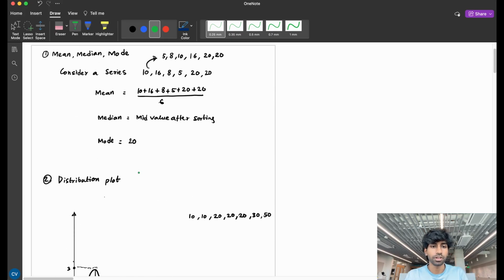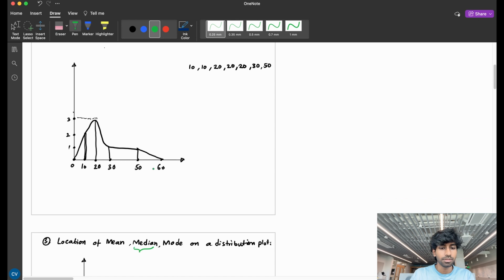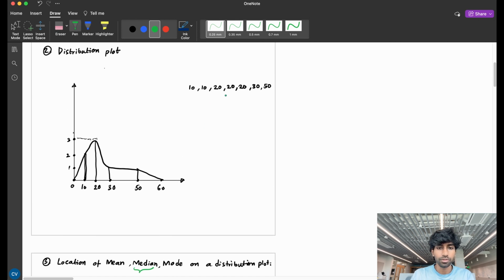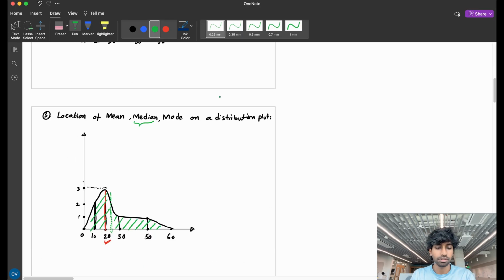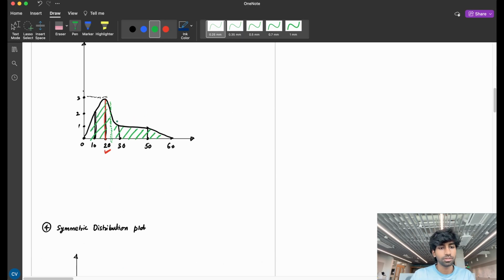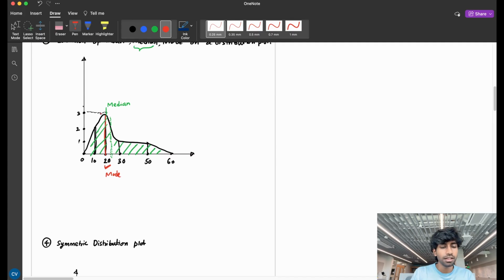And also from our calculation, if we try to find the median of this, it will be around 20. So around 20 itself is the median as well, and 20 is the mode. So if we cut it here, it's going to divide this entire region into two halves of equal area.